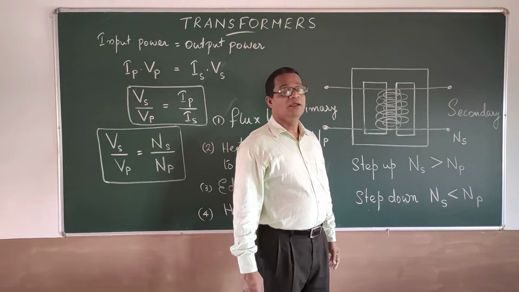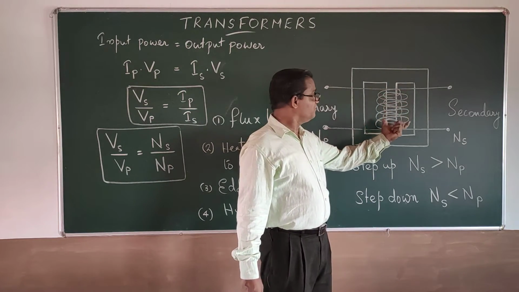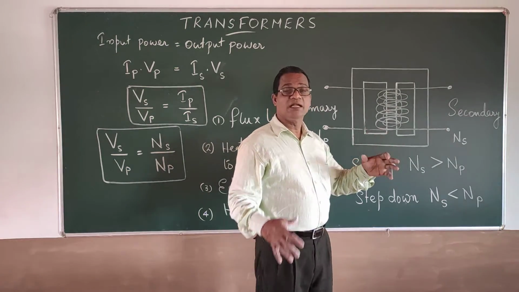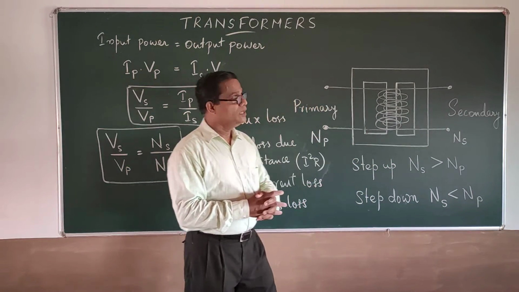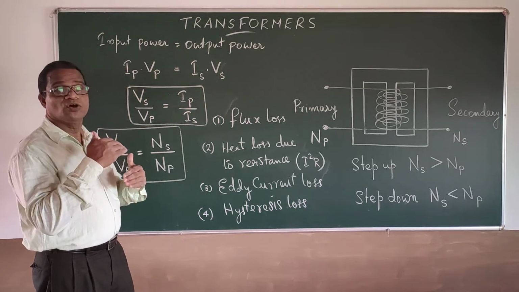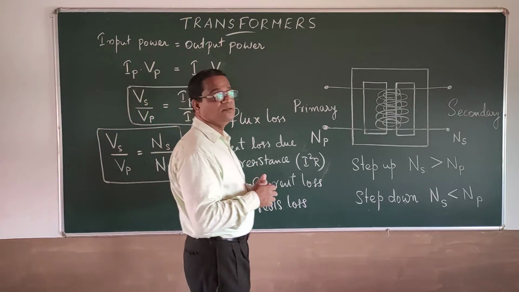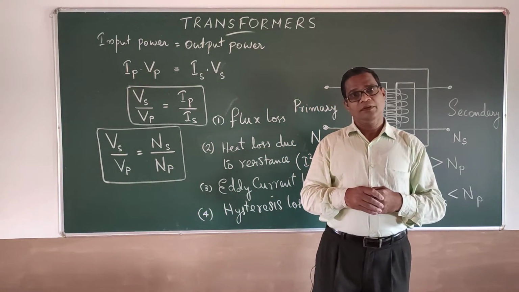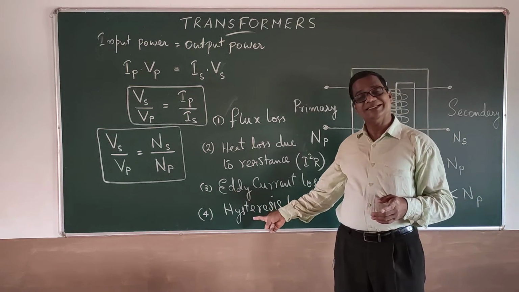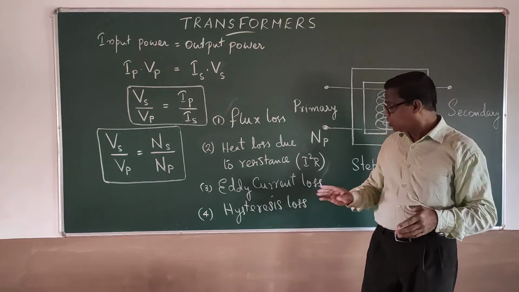That will produce a varying magnetic field in the metallic core, and that varying magnetic field will take the core through a cycle of magnetization and demagnetization. Thereby there will be a hysteresis coming, and due to that hysteresis there will be a loss possible.